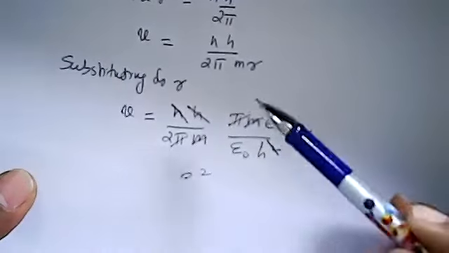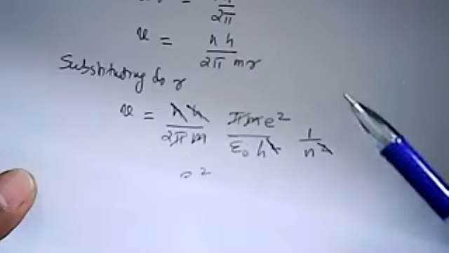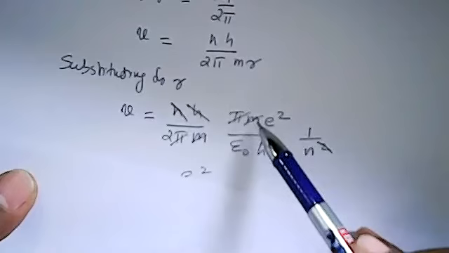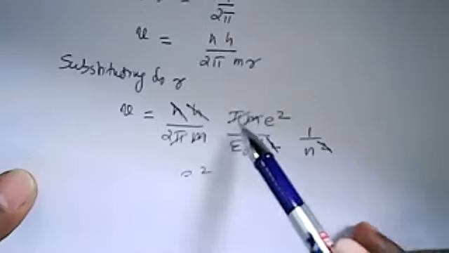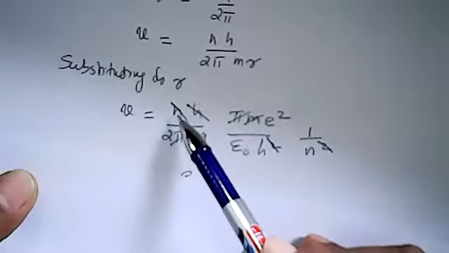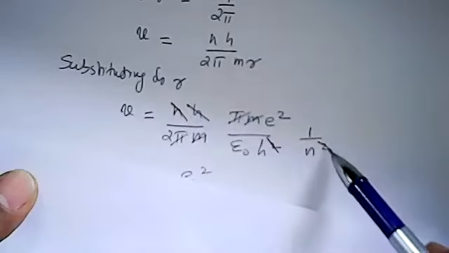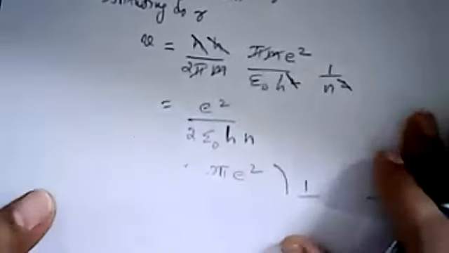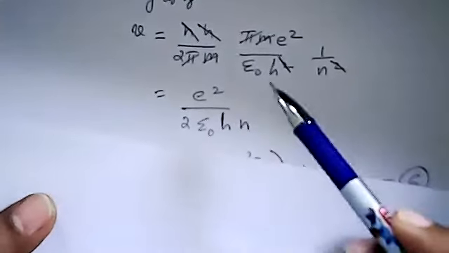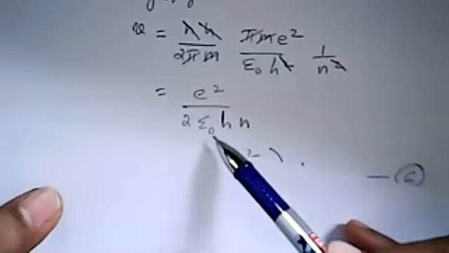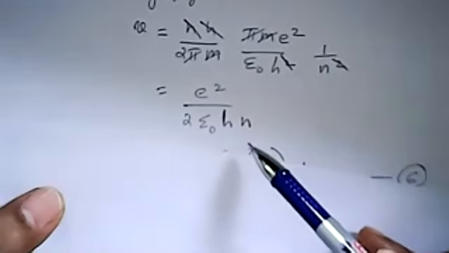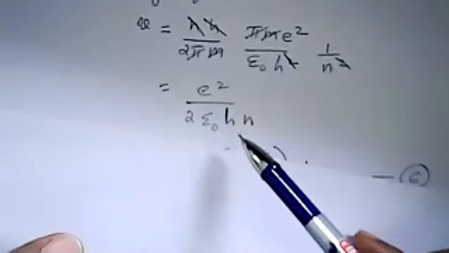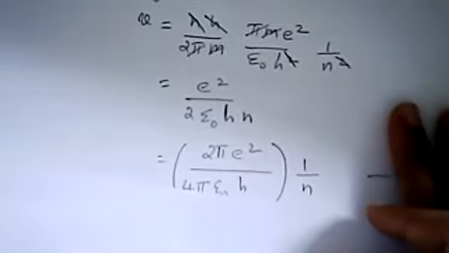Now cancel the common things in the numerator and denominator. Pi and m cancel. One of the n cancels and one of the h cancels. What remains is e square divided by 2 epsilon 0 h n.